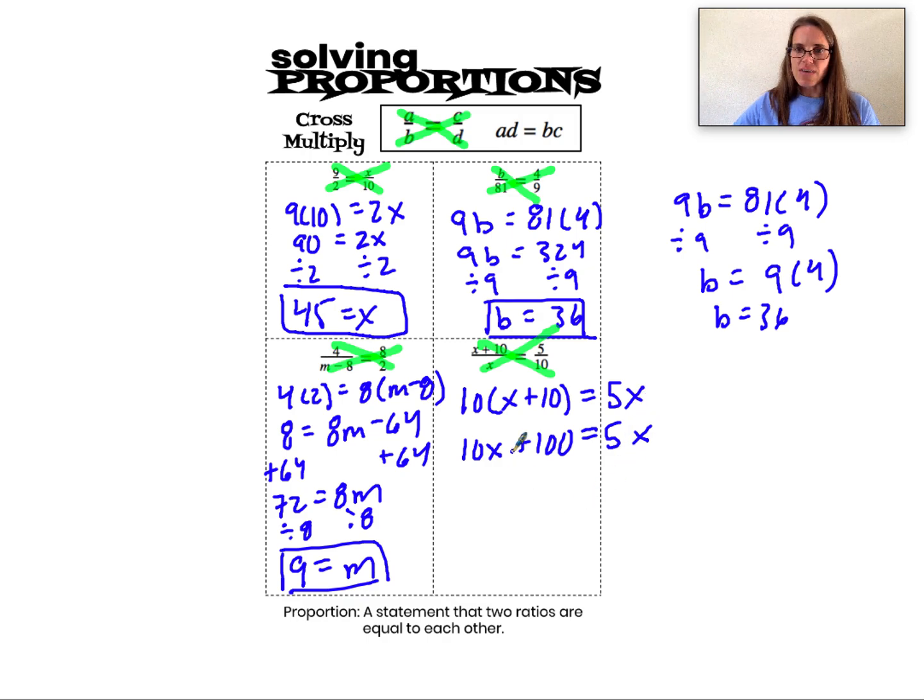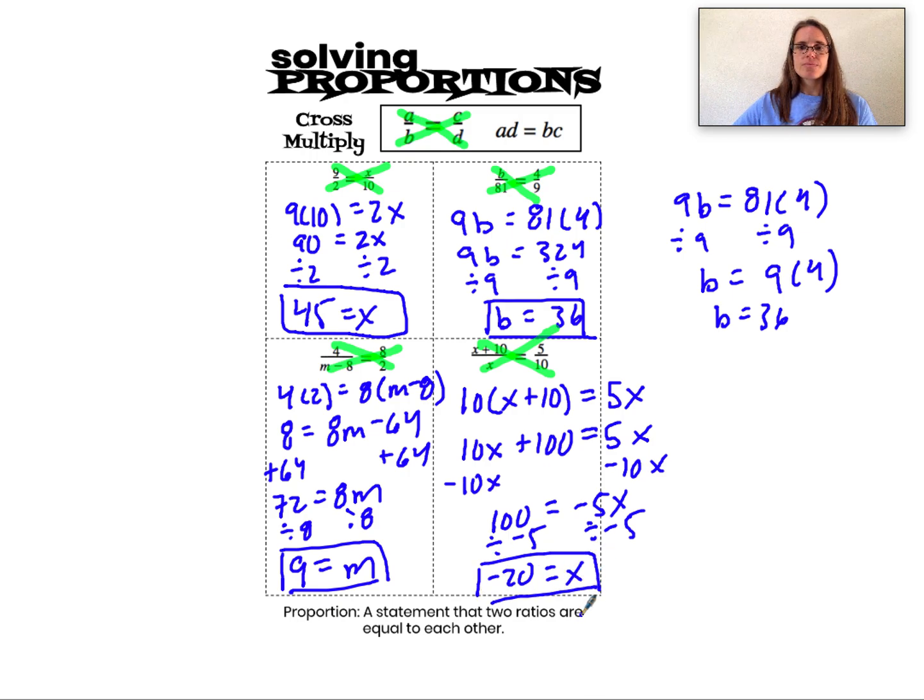If I subtract 5x, I end up with 0 on the right-hand side, and then I have to do an additional step. However, if I just subtract 10x to start with, then I have just a one-step equation that remains. So let's go ahead and divide both sides by -5. And then I'm done. My solution is x equals -20.